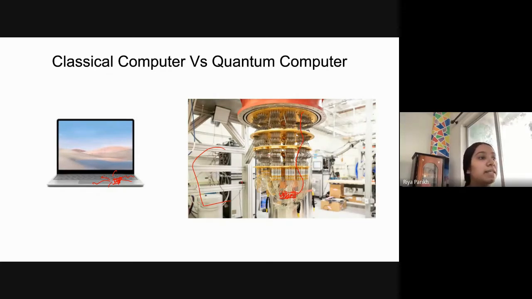And this whole chamber is then sealed and refrigerated to close to 0 Kelvin. And this is where the superconductivity of the rings happens, and we can do quantum computations in that. And this type of quantum computer is majorly used by Google, IBM, and NASA.